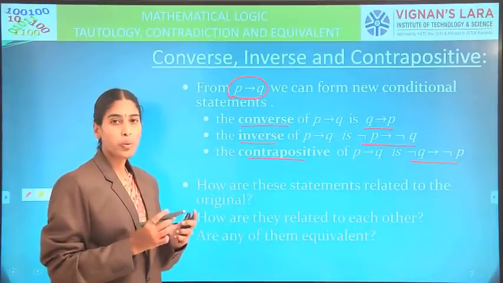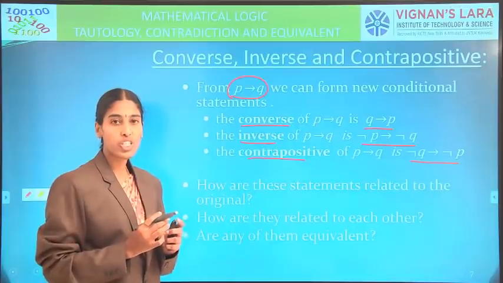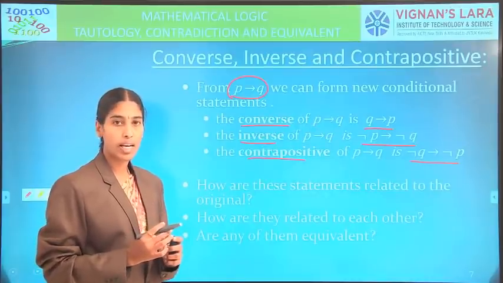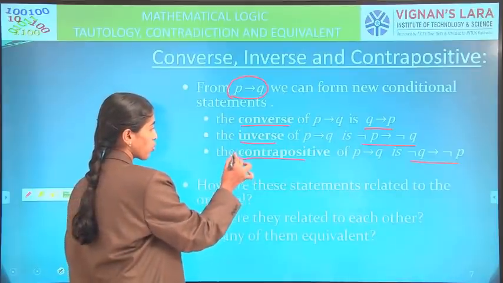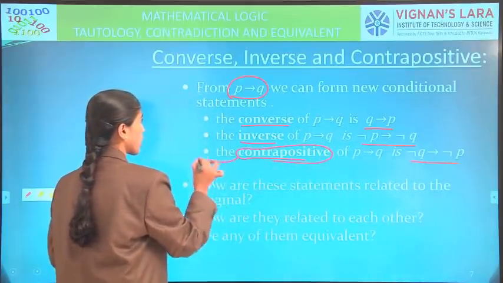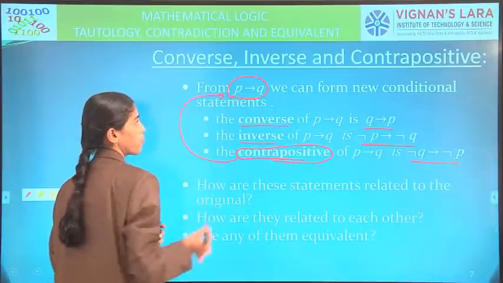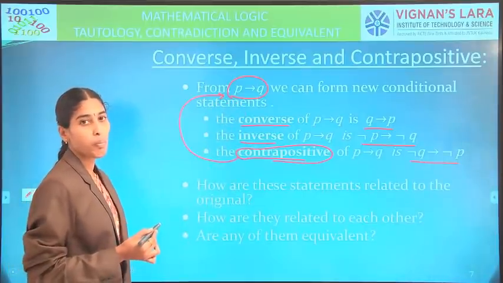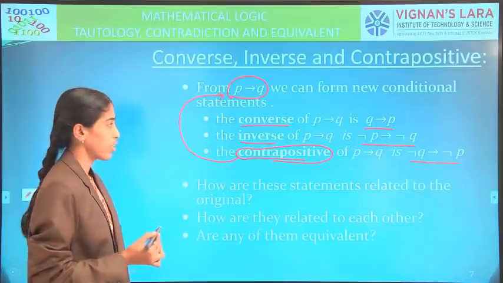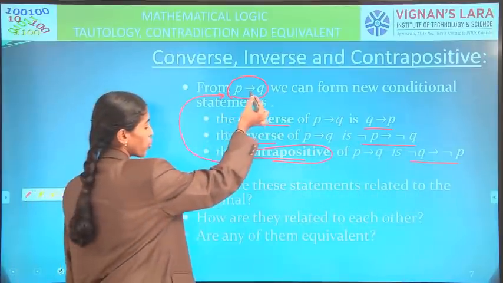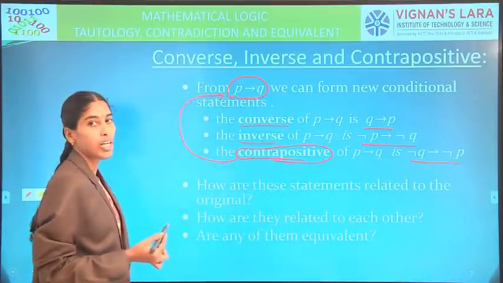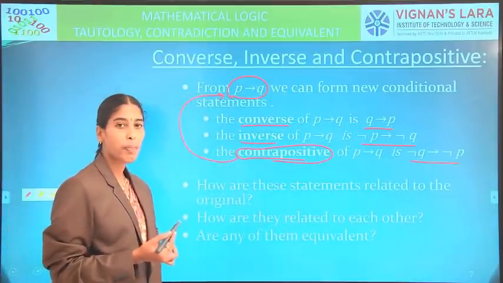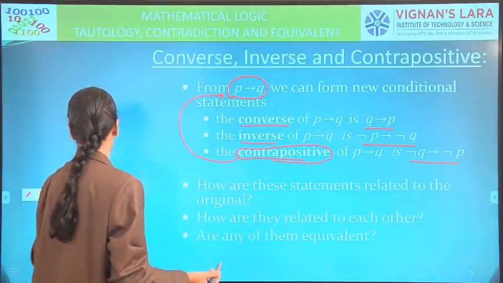Whenever we prove a certain statement or proposition is logically equivalent, to check that one we use the contrapositive, because contrapositive and given implication both are equivalent. So P conditional Q is same as negation of Q conditional negation P. While we solve the problems we use this one.